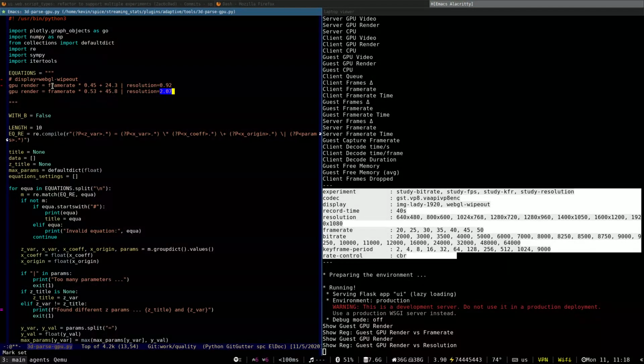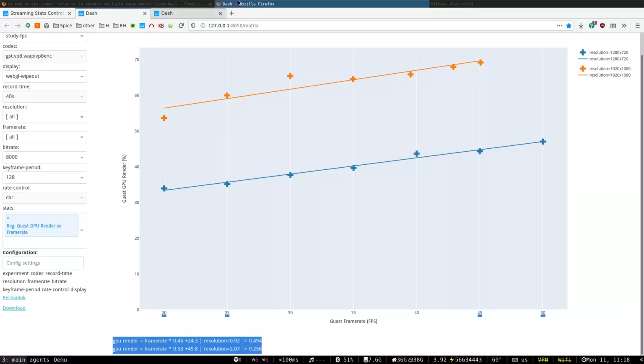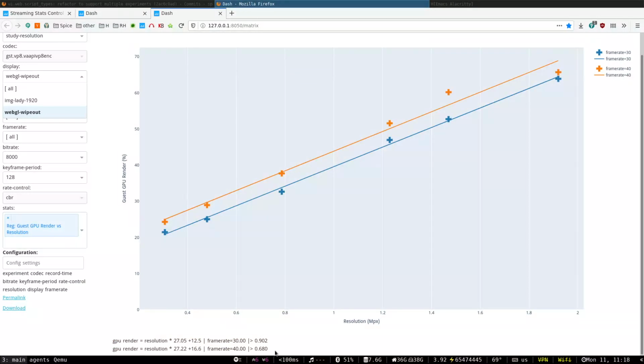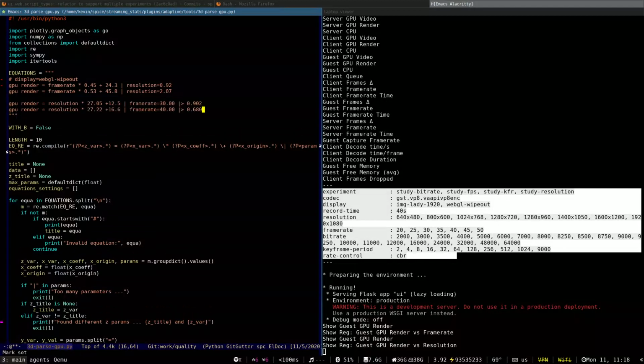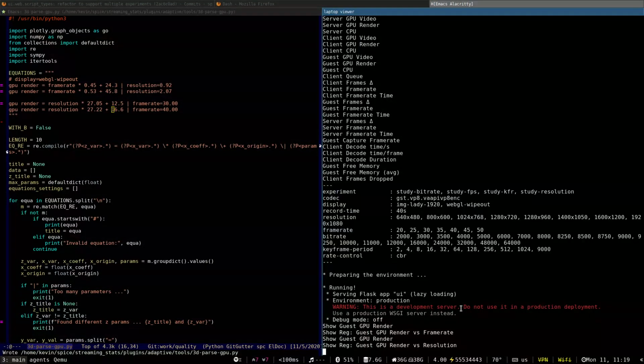And same here. And if we take these two equations, we give them to the solver. Now we've got 4 equations defining the relationship between the frame rate, the resolution, and the GPU render.